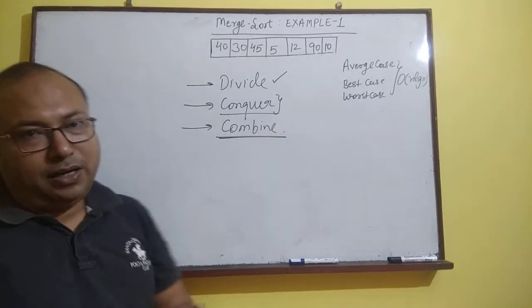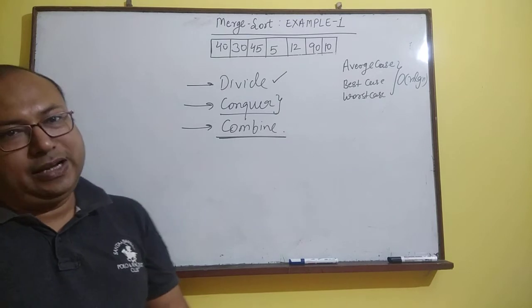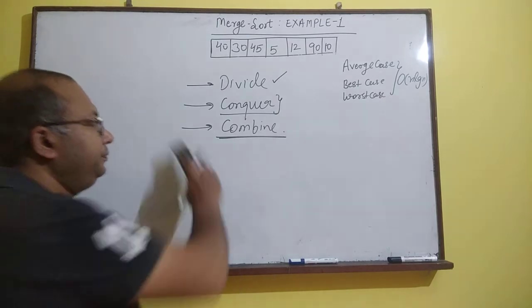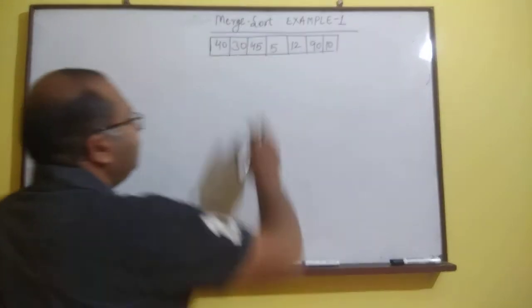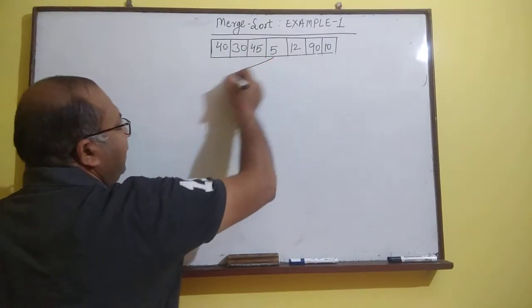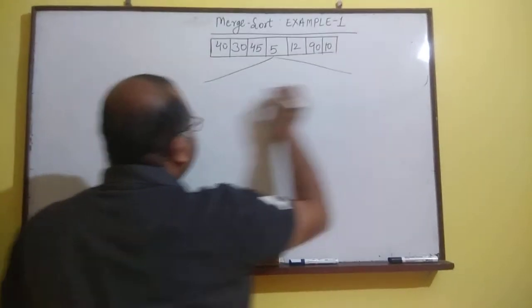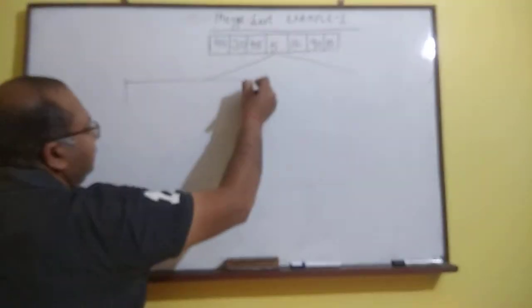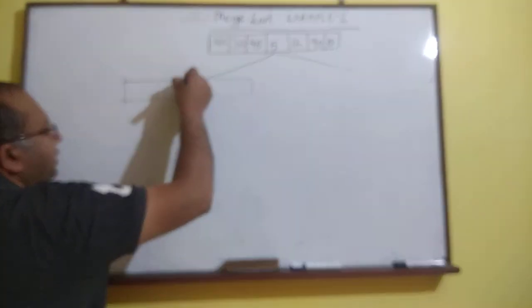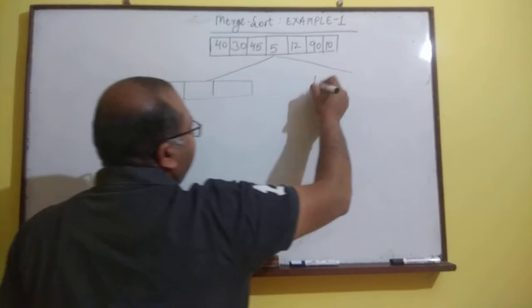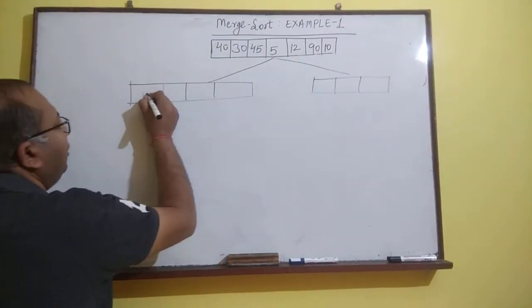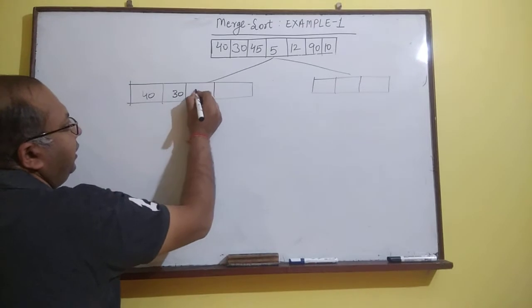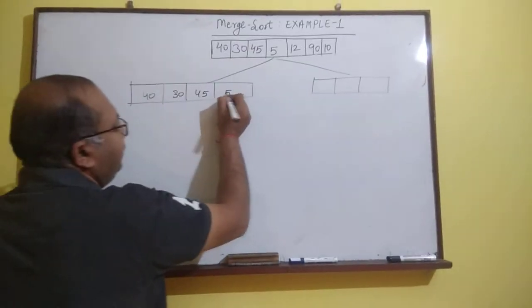In this example, I will show you how we can do this. I will divide this array into two parts. This is the first part, having 4 elements: 40, 30, 45 and 5.